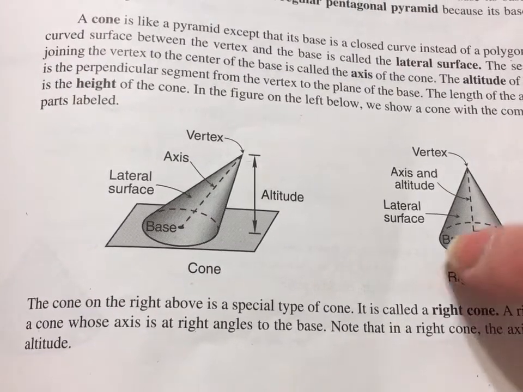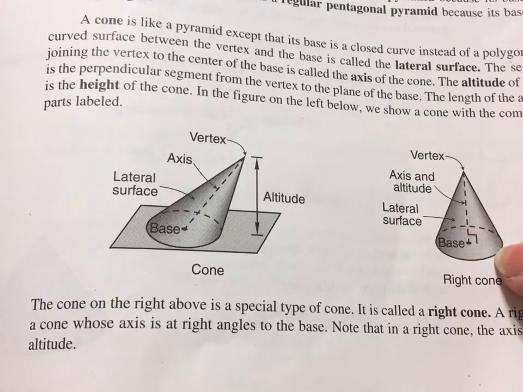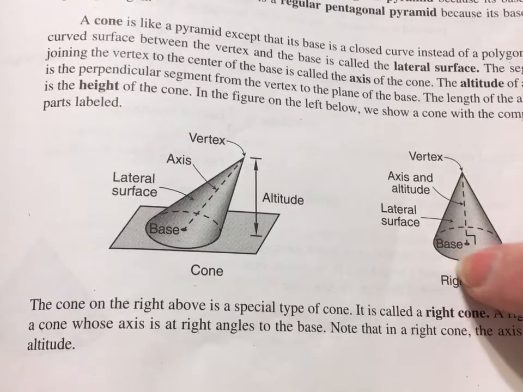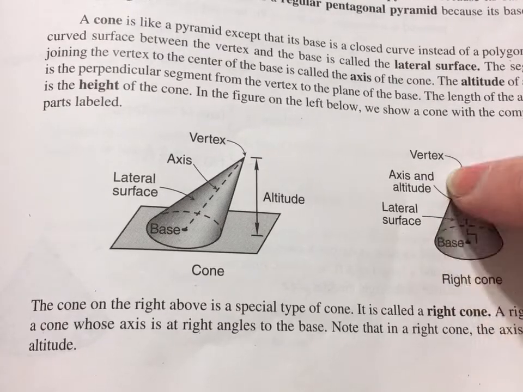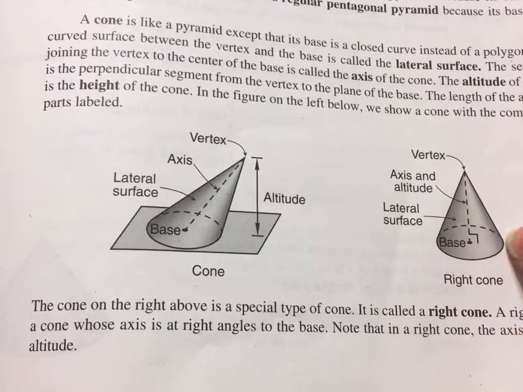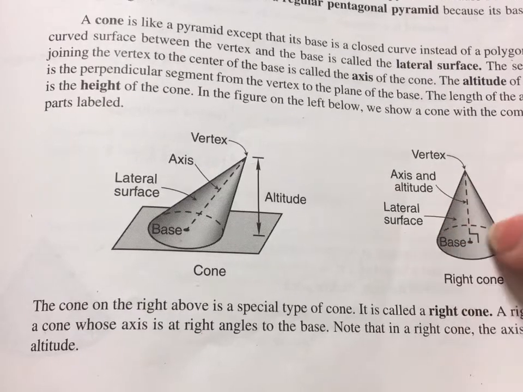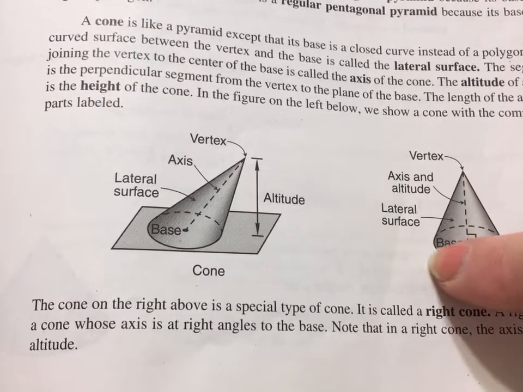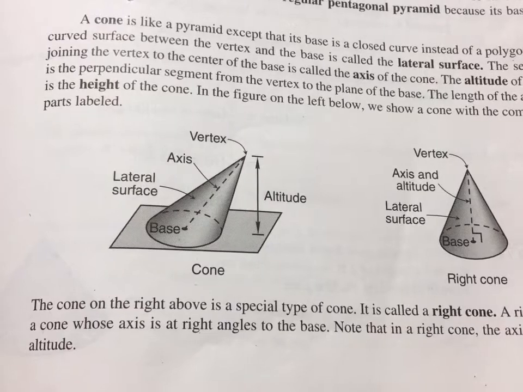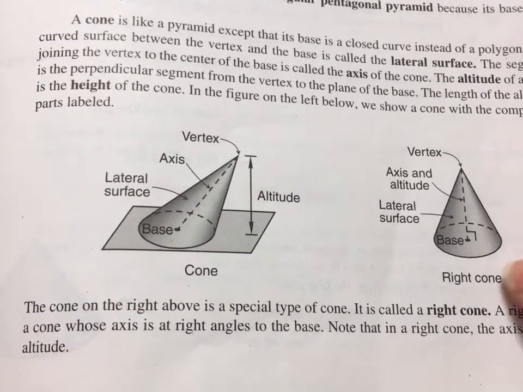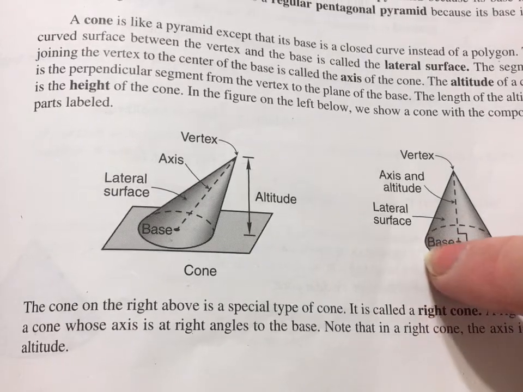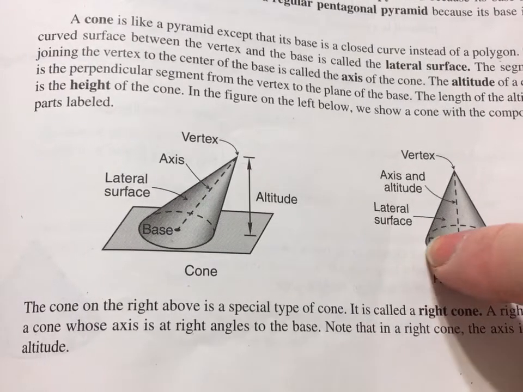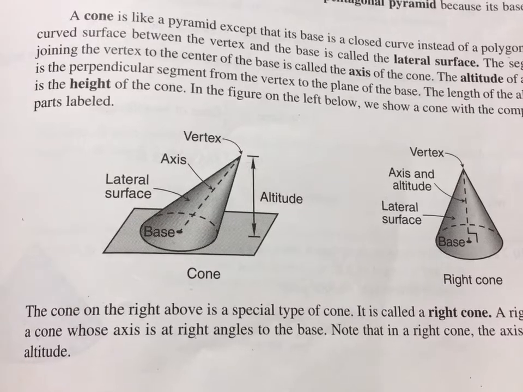Okay, so here we have a circle on the base. And it goes up like an ice cream cone, maybe one of those sugar cones, or like what we used to have in school, a dunce cap or something like that. Okay, so basically you can make one of these with construction paper, can't you? All right, it's round at the bottom, and then it goes up to a point.